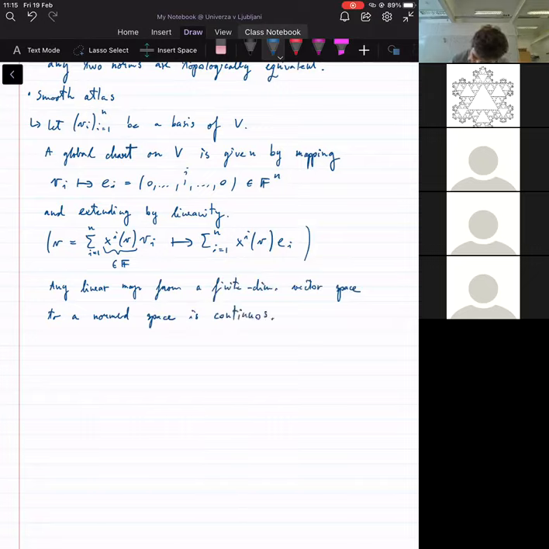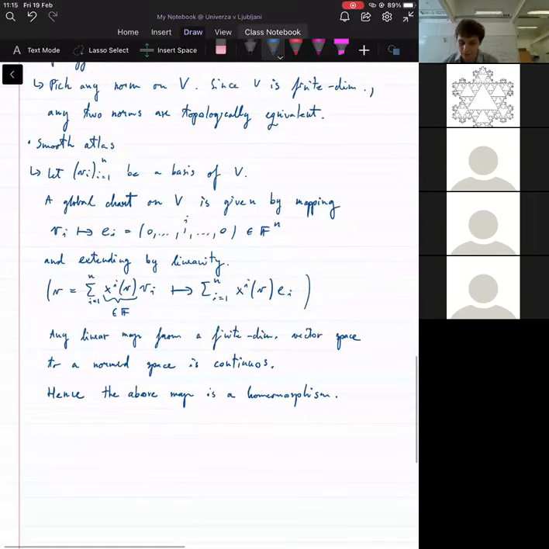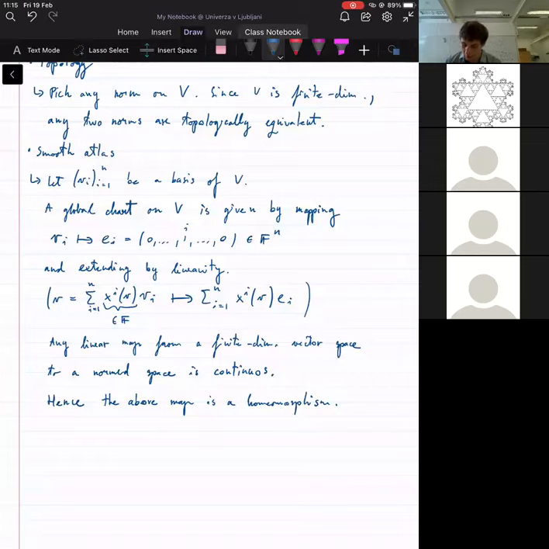So this now implies that the above map is a homeomorphism, with respect to any norm, so with respect to the topology that we endowed on our space.